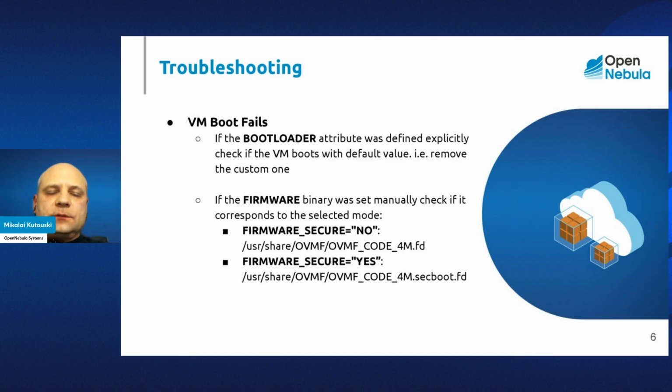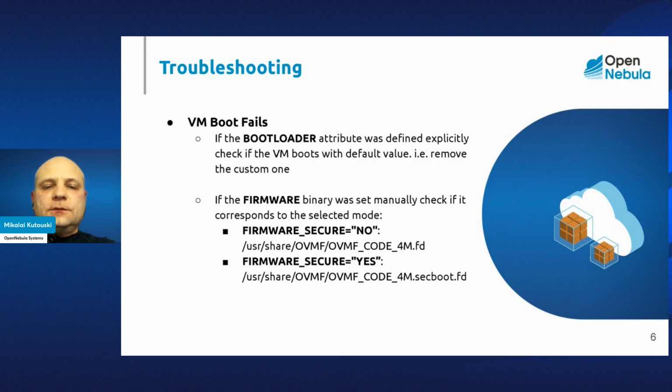A few words about troubleshooting. If your virtual machine fails to boot and you used a custom path for the bootloader, please try to boot your virtual machine without this custom path. Keep default settings and check if the virtual machine is booting properly.